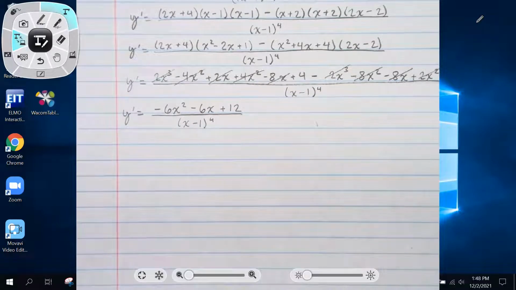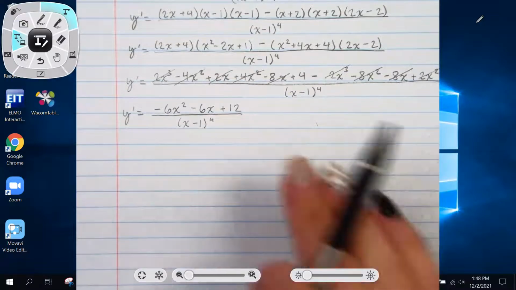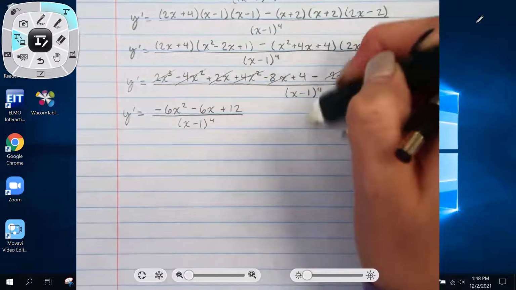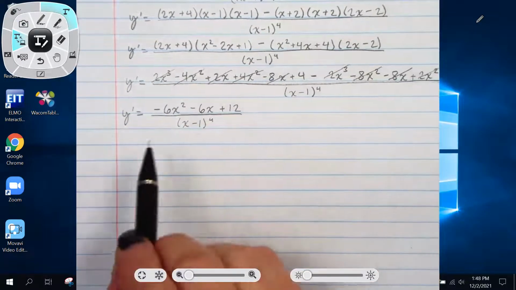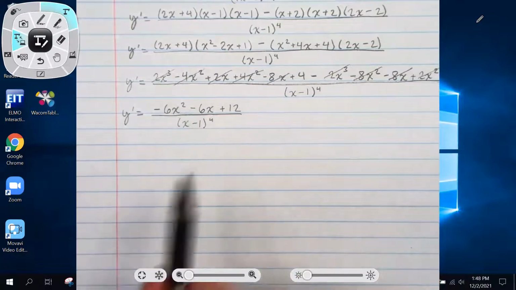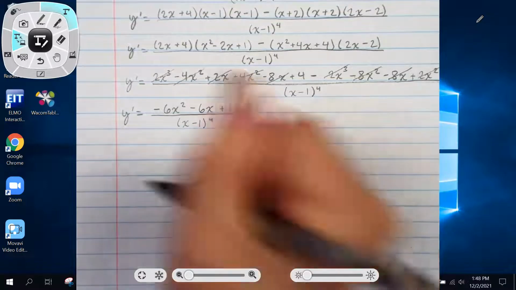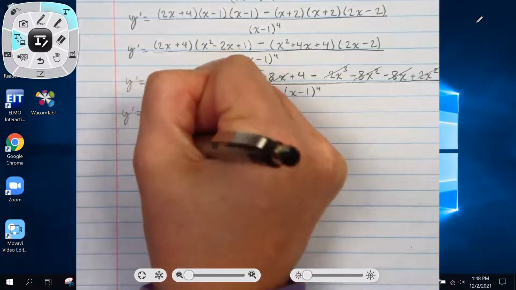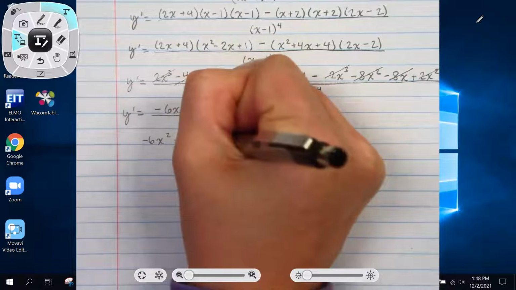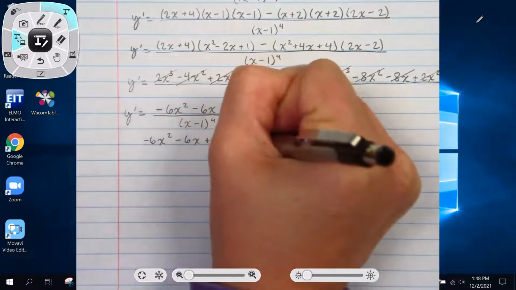Okay, so to find out where the function is increasing and decreasing, we need to set the derivative equal to 0. If your derivative is a fraction, the only time it's going to equal 0 is when the numerator equals 0. So let's set negative 6x squared minus 6x plus 12 equal to 0.